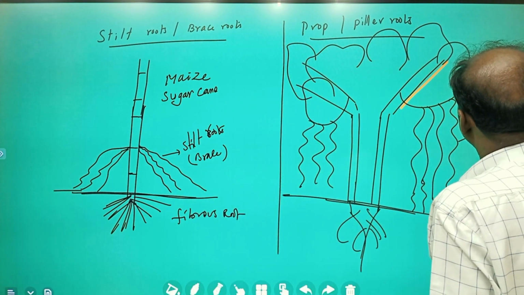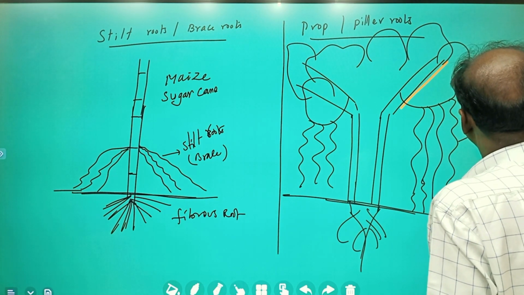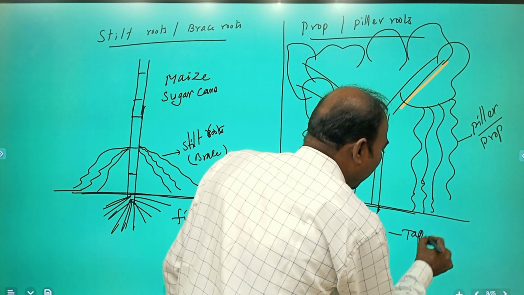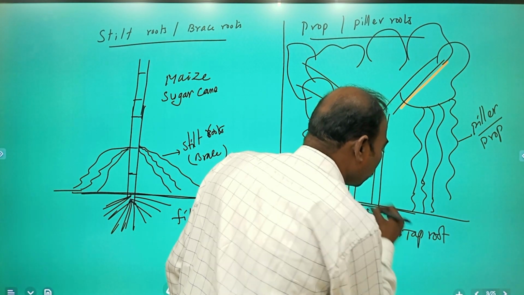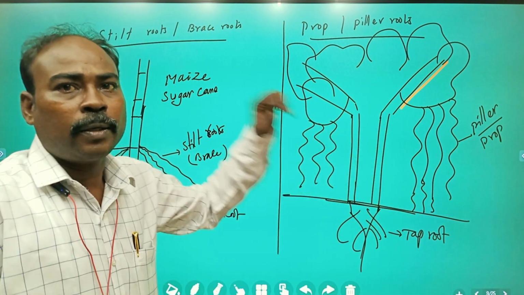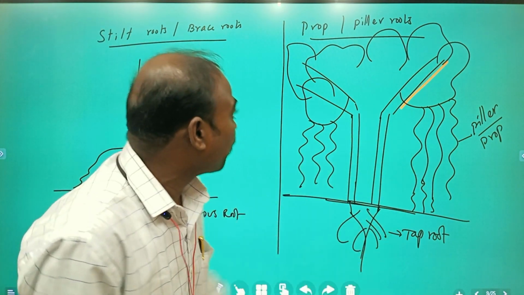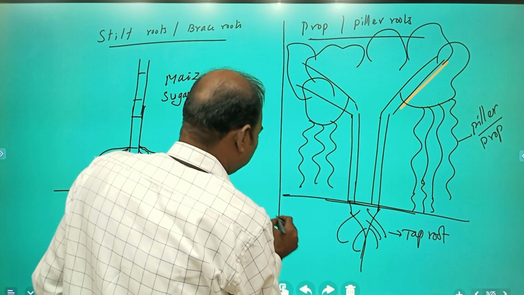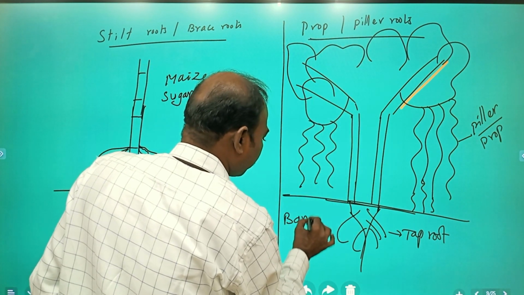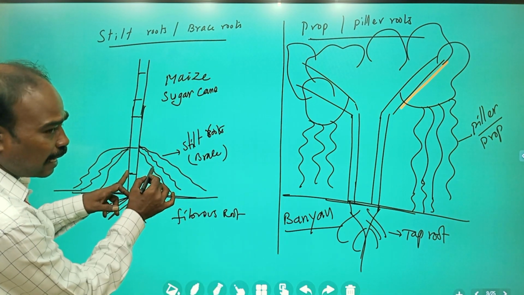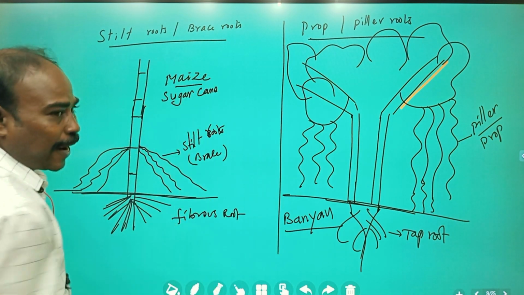These roots are called pillar roots or prop roots. This is the tap root of these plants because it belongs to dicot. Tap root with adventitious root is found in banyan. Fibrous roots with adventitious roots are found in maize.